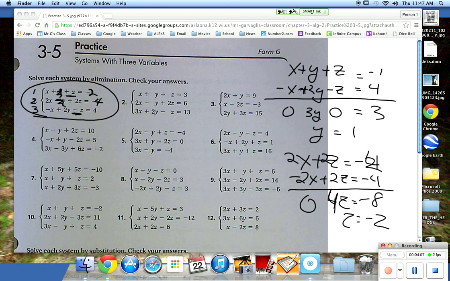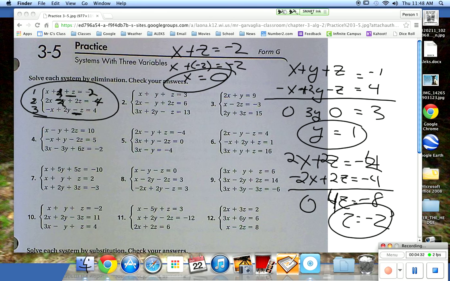I can put my z back into the one we did here, x plus z equals -2. If I put x plus a -2 equals -2, then x is going to equal 0. I've just figured out my x, my z, and my y.